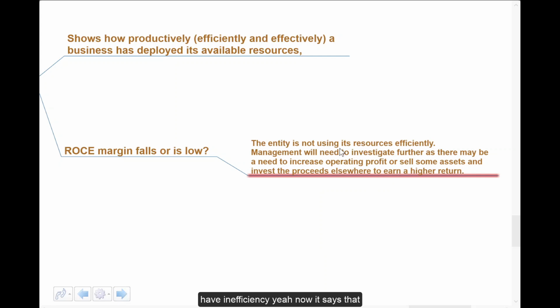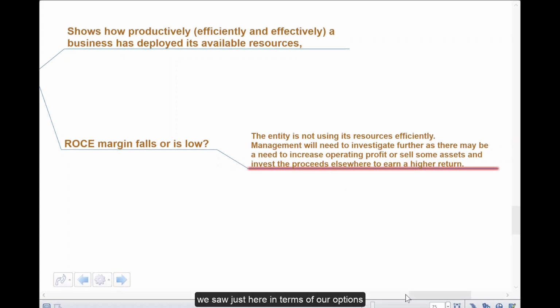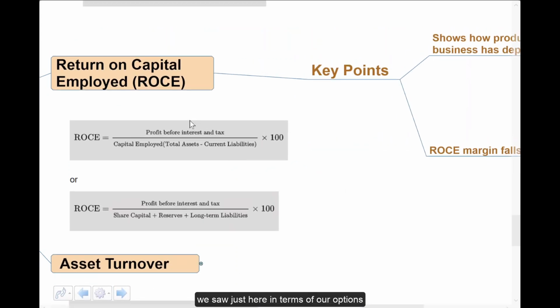Yeah. And now it says that management will need to investigate further, obviously increase operating profit, maybe sell some assets. I mean, there could be a number of reasons behind a fall or a low ROCE. These are just one. And I think, again, understanding the calculation, as we saw just here in terms of our options.